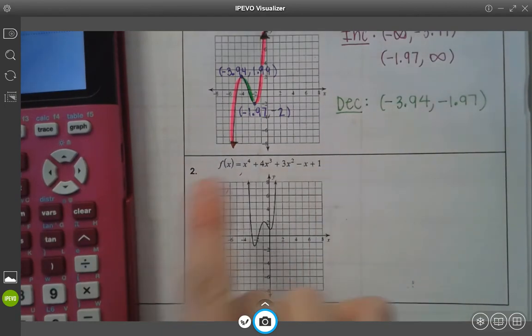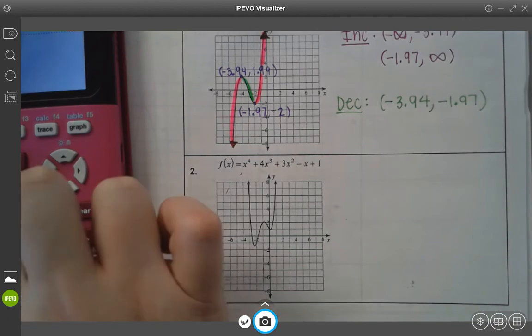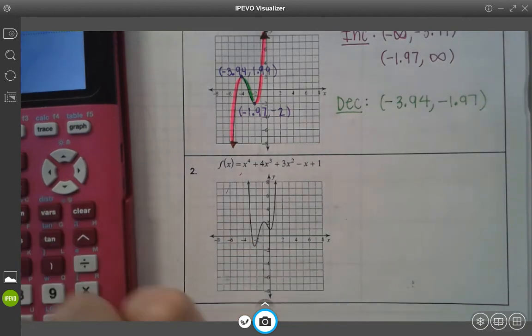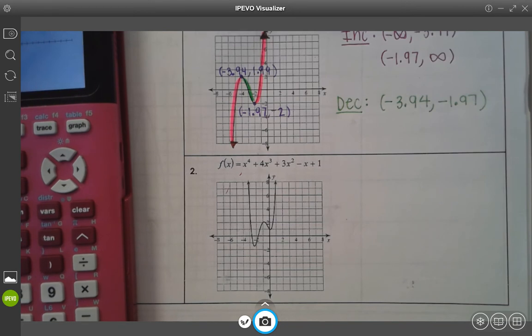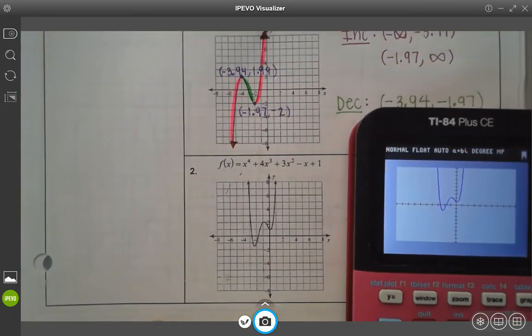Go to your y equals and type in this graph. Once you have it graphed, hit the trace button and go get your max and min points.